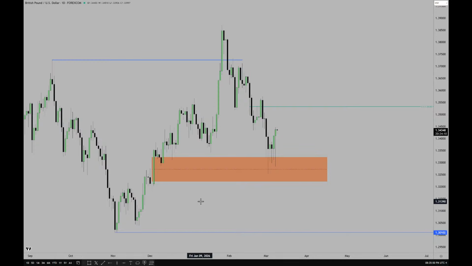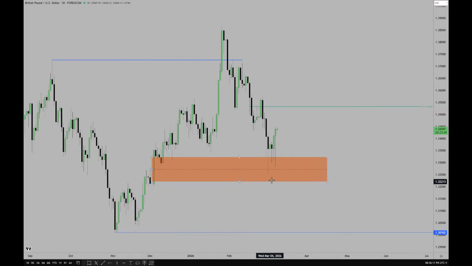Now, inversion fair value gap. And if you don't know the rules, obviously, just seeing a box on a chart, it looks like one of those things those guys used to talk about, those ICT concepts or whatnot. But the inversion fair value gap has very specific characteristics that have to be fulfilled, or it's not an inversion fair value gap.